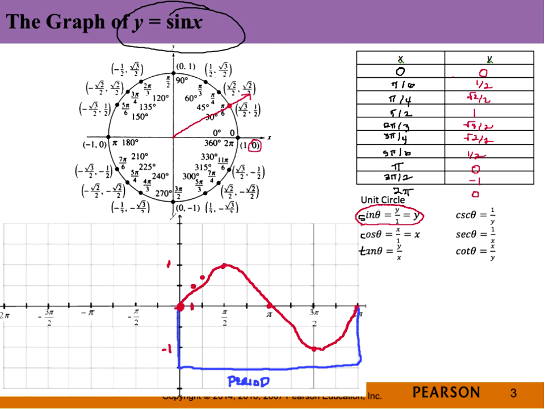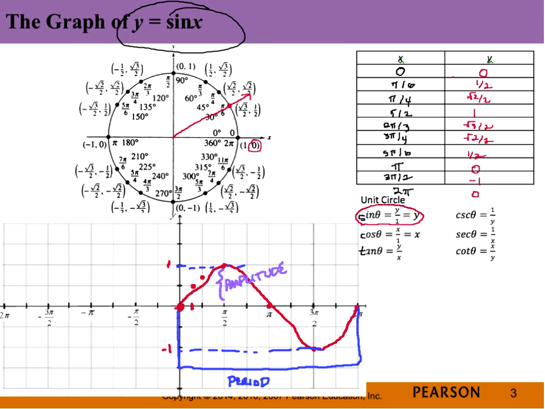And then, if you notice, we have the same amount with our maximum as we do with our minimum coming from that center x-axis point. And we call this length right in here, this distance right in here, the amplitude.